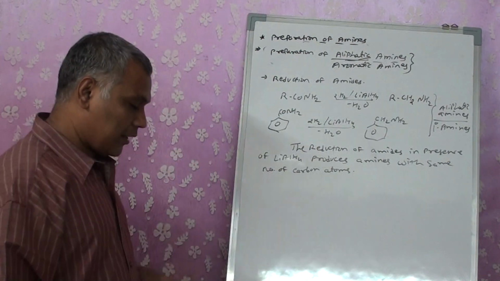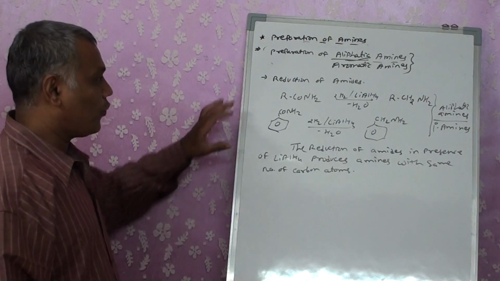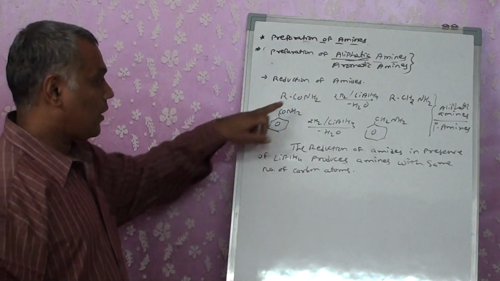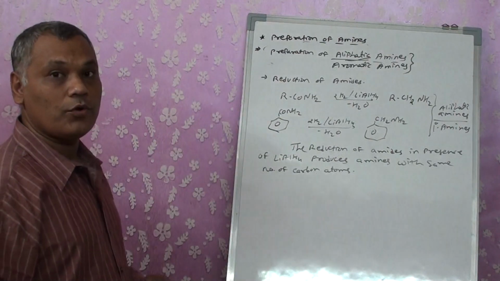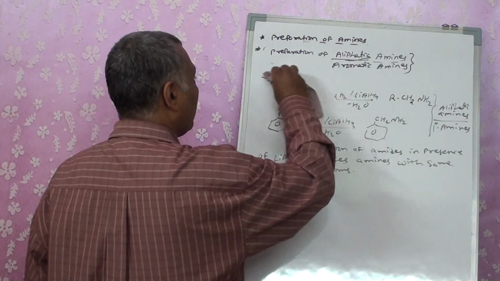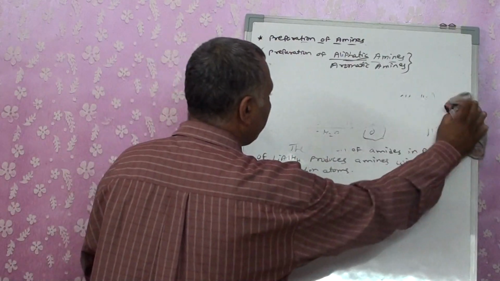Now the second process that we are going to go for, we are doing it for amides only. I am not going to change the functional group, right? But it's considered to be a Hofmann bromamide degradation.